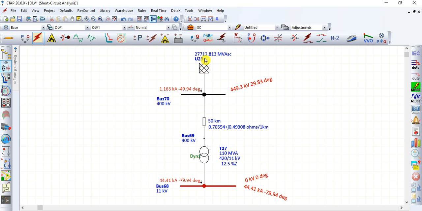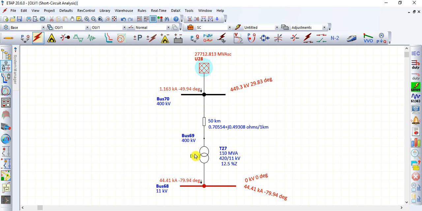With the increase of 20 kiloampere short circuit current in the grid level, only 1 kiloampere short circuit current is increased here at the transformer secondary side. So if we have the transformer in between, then there will not be major impact in this transformer secondary side, or let's say this 11 kV side, there is a process plant, there is an industry.